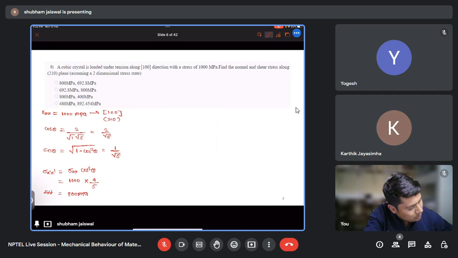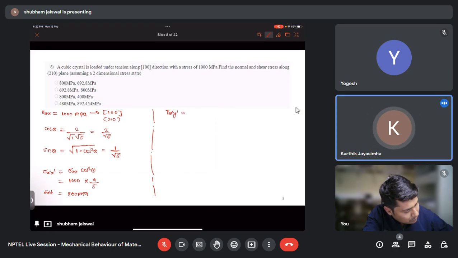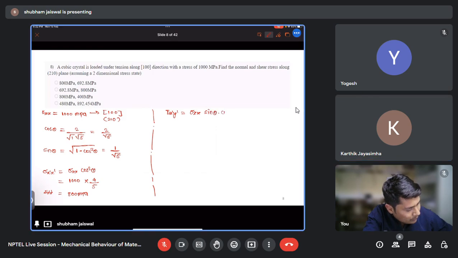Now this is the normal stress. Now what about the shear stress? It is sigma x into sin theta into cos theta. It is 1000 into 1 by root 5 into 2 by root 5.